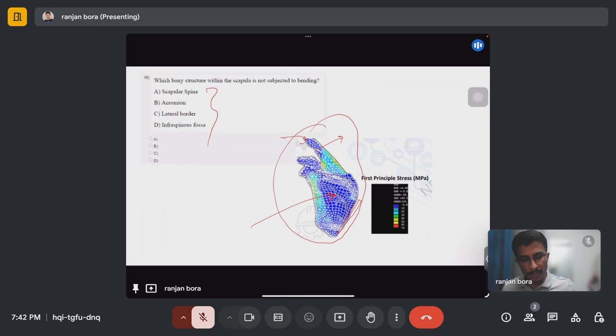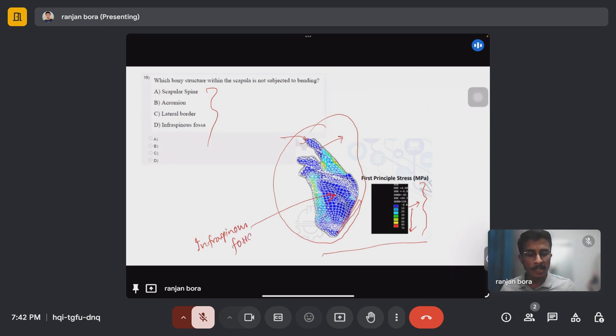And this is the result of a simulation of scapula after applying the bending load using finite element analysis. So from this figure, on the right side you can see the principal stress values, and blue means very low values, almost zero, and as the color changes from blue to red the stress values increase.